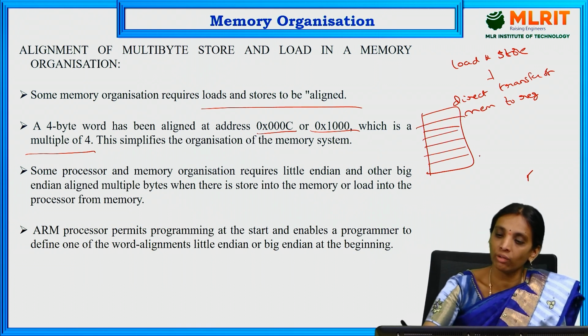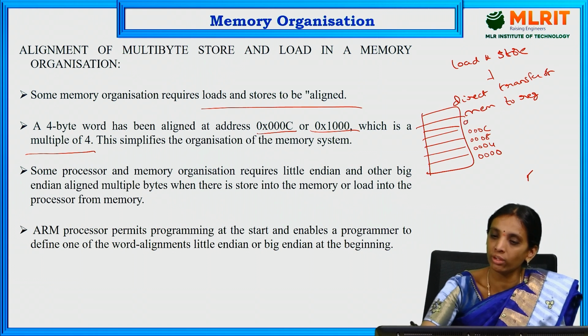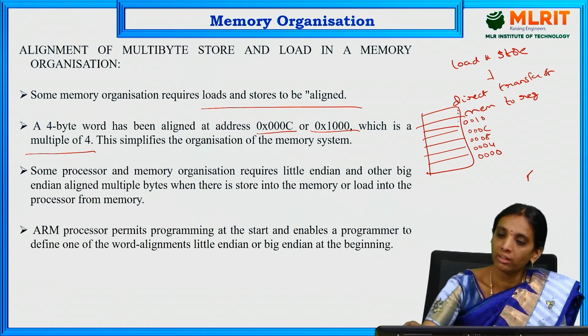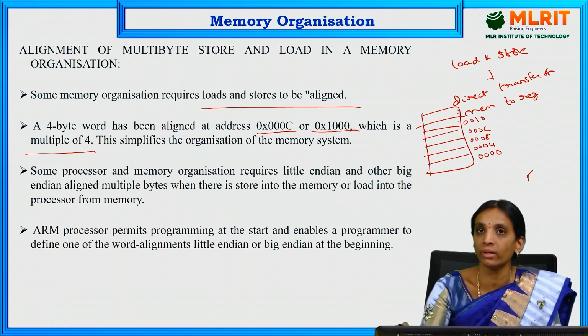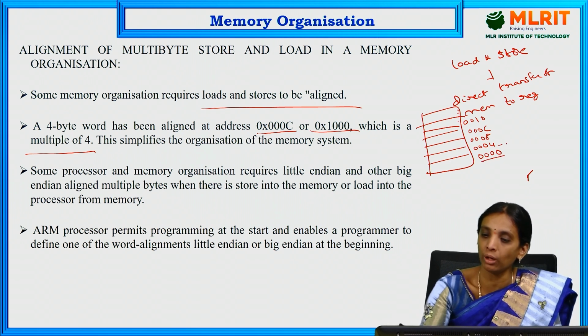If the first word is stored at 0x0000, the next word is stored at 0004, the next at 0008, the next at 000C, and the next at 0010. Like that, the memory address for each instruction is a multiple of 4 only.